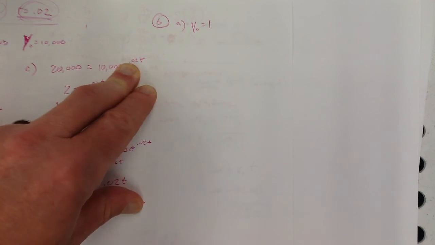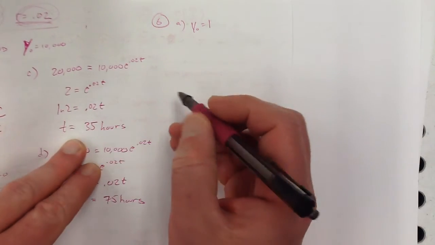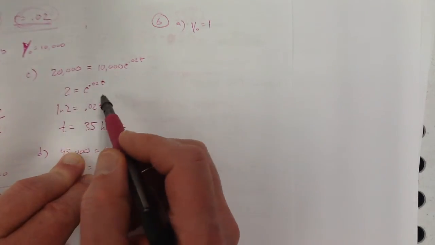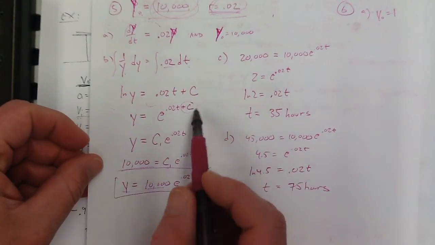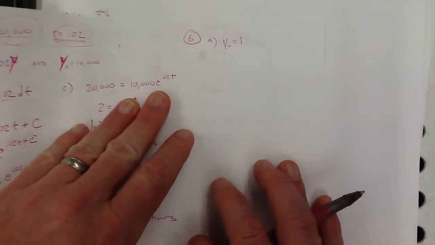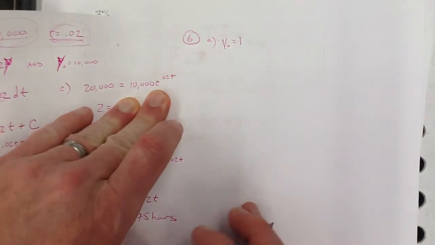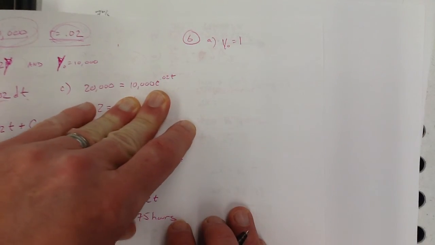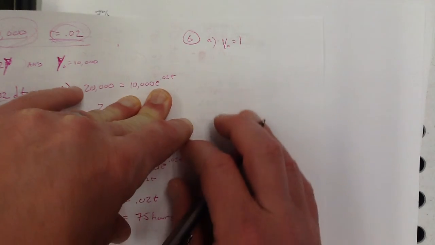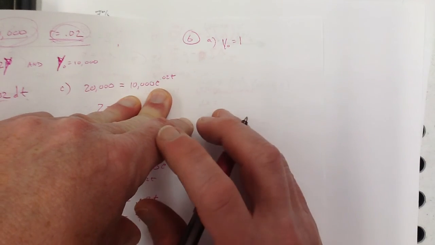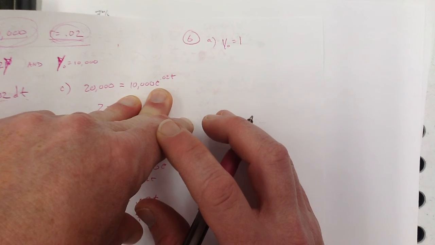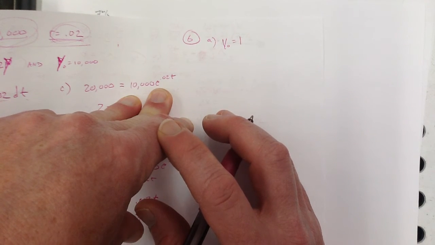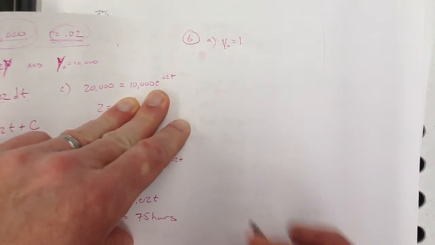So what we need to do is find what that rate is. So we know that it's going to be this kind of equation here, but I don't know what the rate is. I know that it's doubling every 20 minutes. Do we want to do our time in minutes or hours? Let's see. We'll do it in minutes.